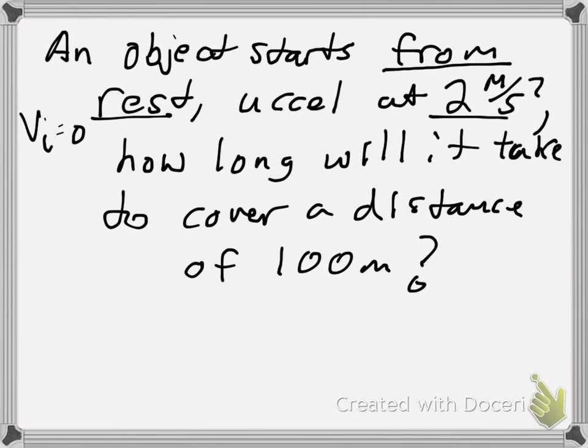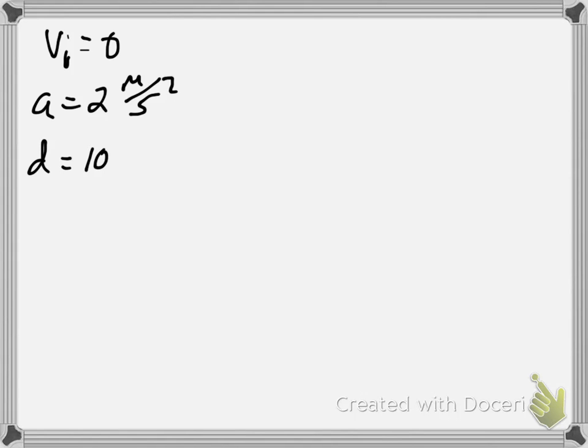Our acceleration is going to be 2, and we know that our distance is 100 meters. So we have v_i of 0, an acceleration of 2 meters per second squared, a distance of 100 meters, and we want to know what the time is going to be for this distance to be covered at this acceleration.